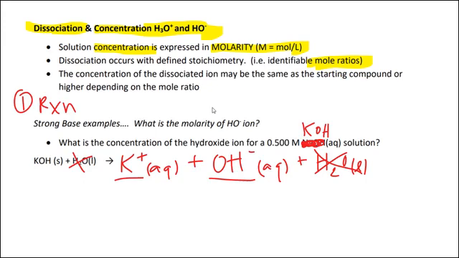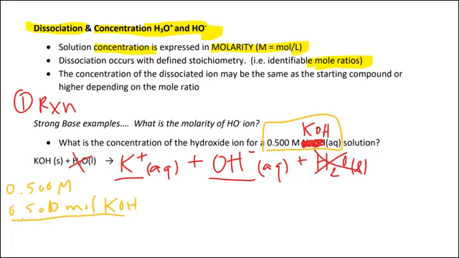What we're specifically looking at here is that I am told that the concentration for my starting KOH is 0.500 capital M, which means, I'm going to write this out, 0.500 moles of KOH for every 1 liter of solution.